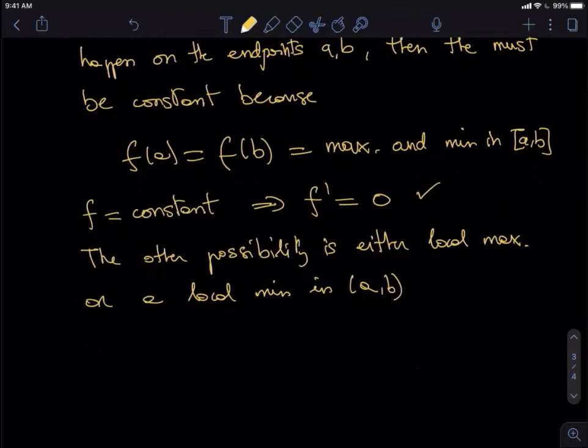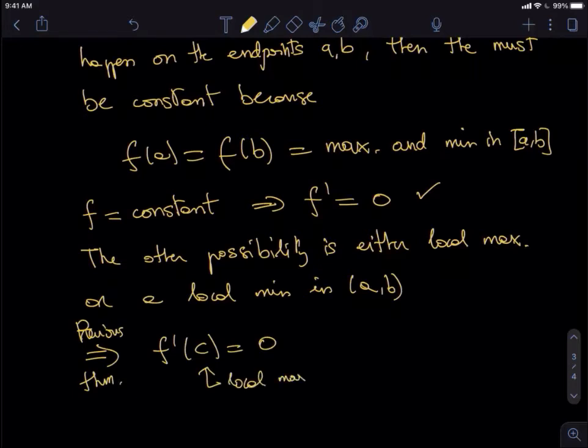And if that happens, we have seen by the previous theorem that the derivative at that local maximum or minimum must be equal to 0. And then this is also what we wanted to prove. So in this case, we are also able to finish the proof. All right. So either way, we are able to finish the proof of Rolle's theorem.